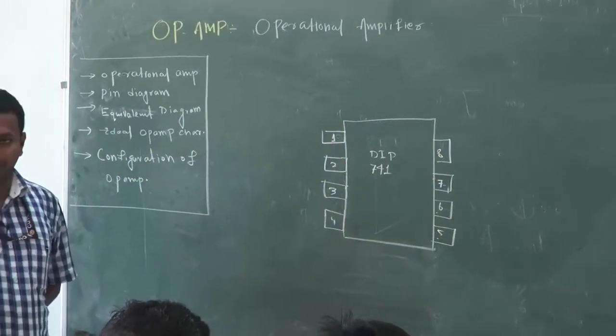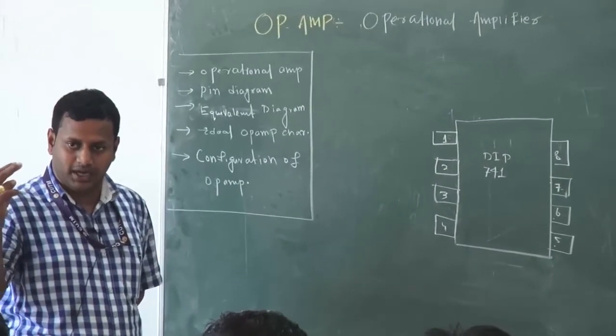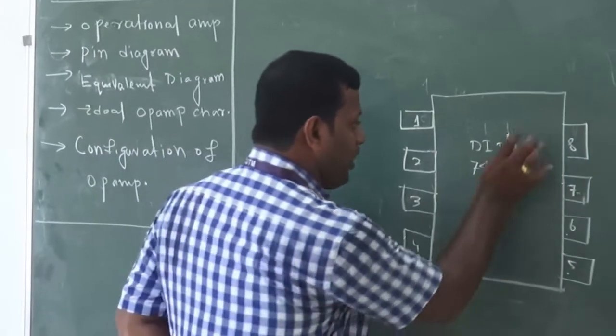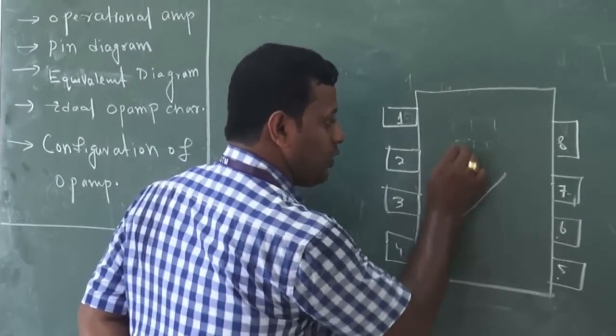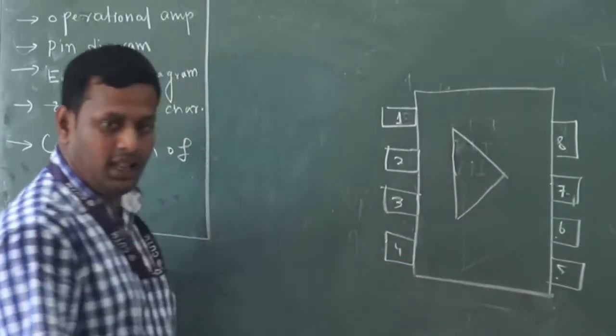I already told you the op-amp is a device which takes 2 inputs. If I plot my op-amp figure here, the op-amp looks simply like a triangle.